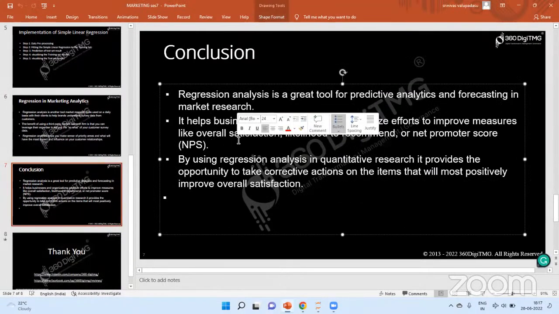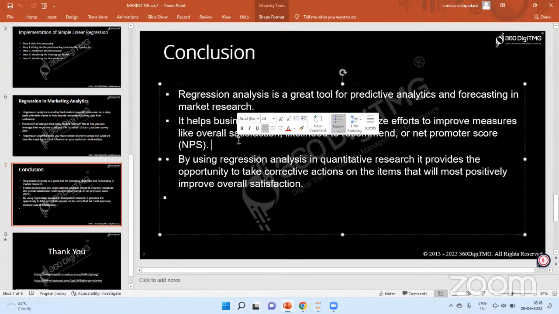Now coming to the conclusion, regression analysis is a great tool for predictive analytics. We can predict what the output will be in future, and forecasting in market research. For example, what will the TV sales be next month?